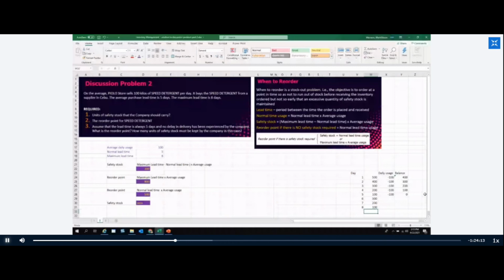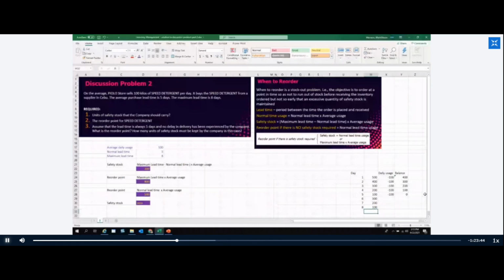Kasi nga na-establish natin na usually, kung perfect scenario, 5 days, pero it can take us at a maximum of 8 days pala, no? Given different circumstances, no? So basically, safety stock is to make sure that you'll be able to keep a certain level of inventory with you na hindi ka magkakaroon ng stock out.